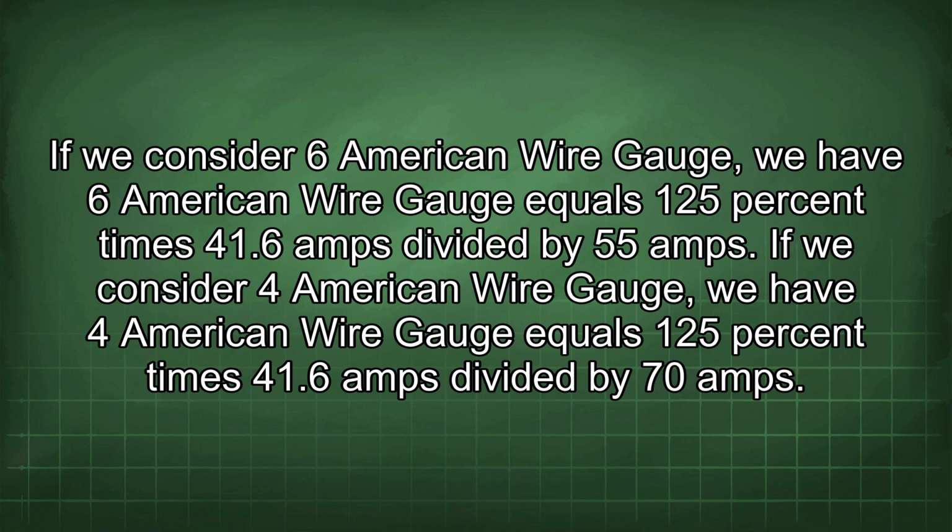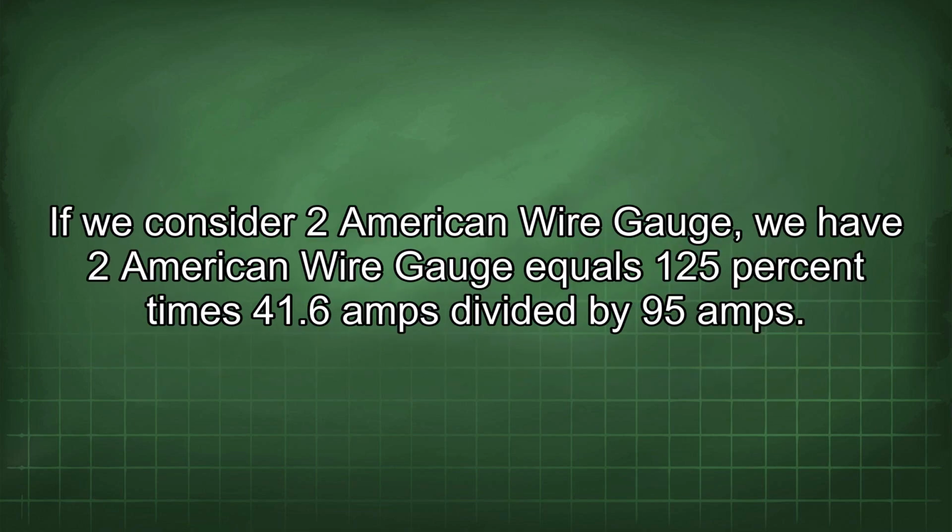If we consider 4 American wire gauge, we have 125% times 41.6 amps divided by 70 amps. If we consider 2 American wire gauge, we have 125% times 41.6 amps divided by 95 amps.